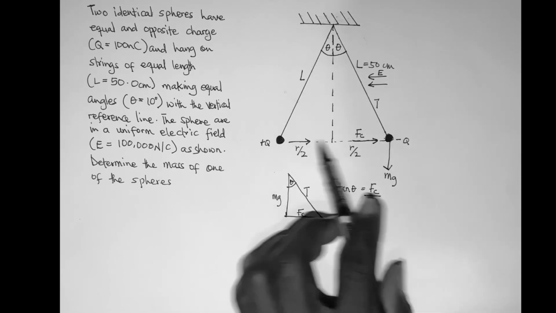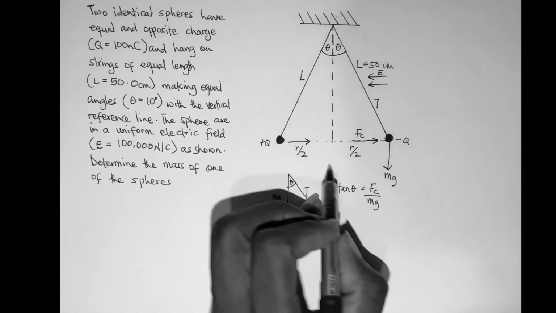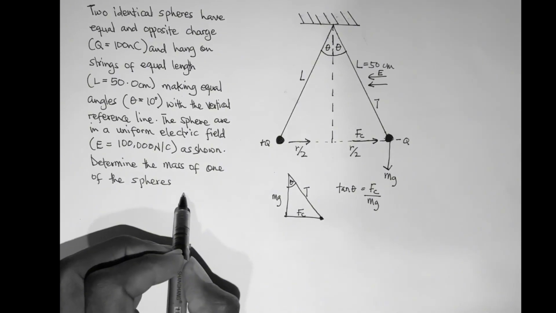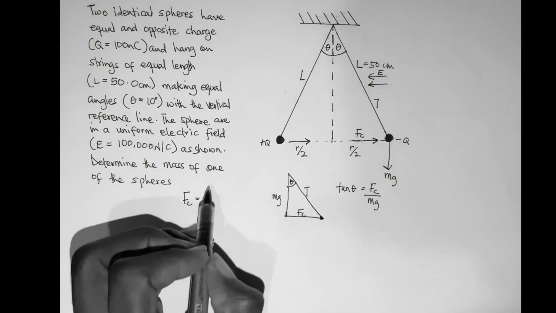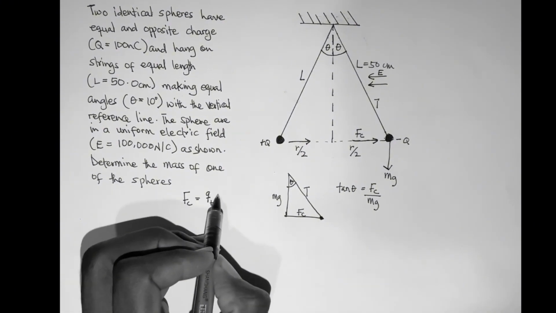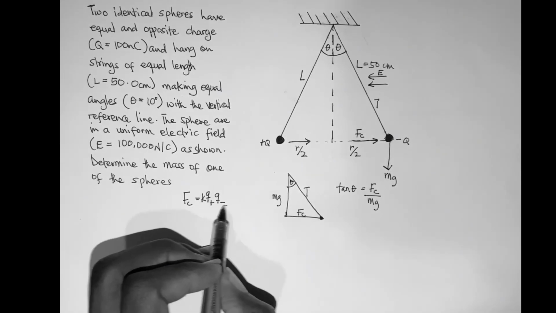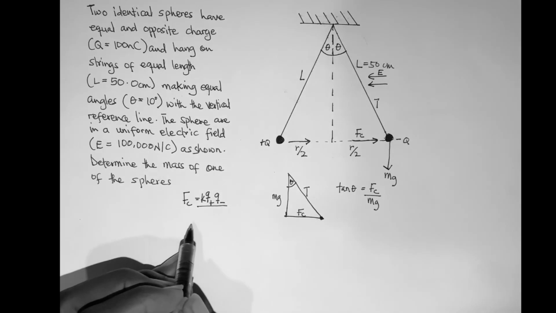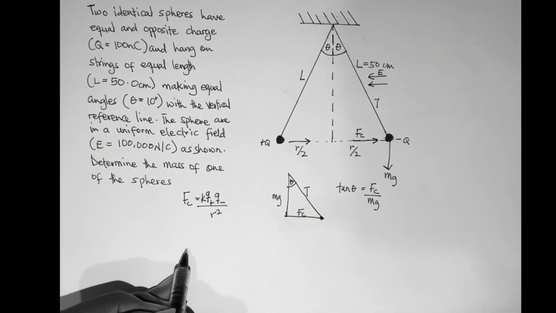Now, what is Fc? Fc is the force between the two charges, so from Coulomb's law, the force that acts between two charges is the product of their charges, Q plus times Q minus, times the constant K, divided by the square of the distance between them, which is r squared in this case.